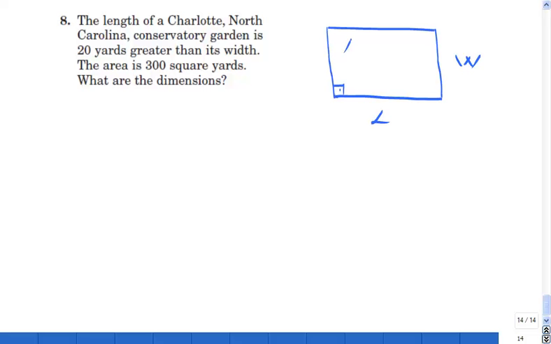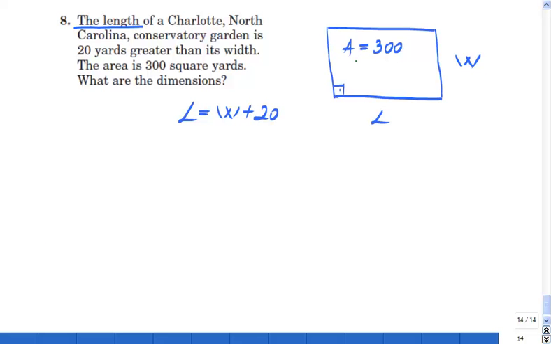And they're also telling me that the area is actually 300 square yards. Now, let's get back. The length is 20 yards greater than its width. So if I have to write the length in terms of width, I will say length will be the width plus 20 yards, right?